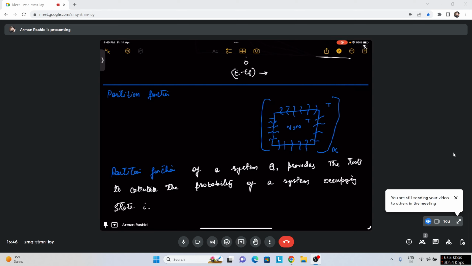So what is a partition function? The partition function tells us the probability that a system is occupying the state i.